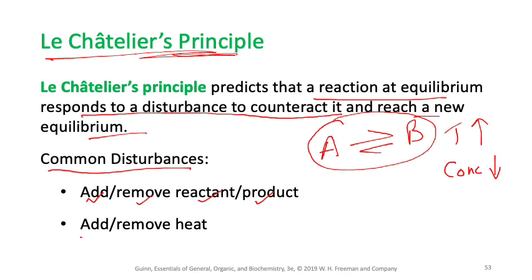The second one is you can add or remove heat, or increase or decrease the temperature of the chemical reaction. So there are two ways you can disturb a chemical reaction at equilibrium, and according to the Le Chatelier principle, we'll see how the chemical reaction reacts to these changes, right? So let's go to the next slide and try to understand this principle.